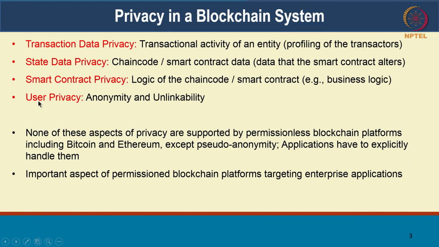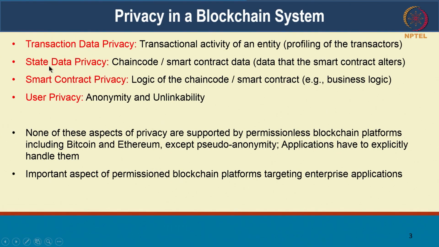The final notion is that of user privacy, which is the fact that who is performing a transaction, who is endorsing a transaction, the user-level credential details, we want to keep anonymous. Along with anonymity, we also want unlinkability, which means that when one user performs, let's say, 100 transactions, no one should be able to say that these 100 transactions were performed by one user.